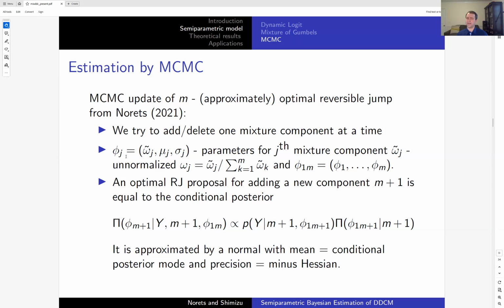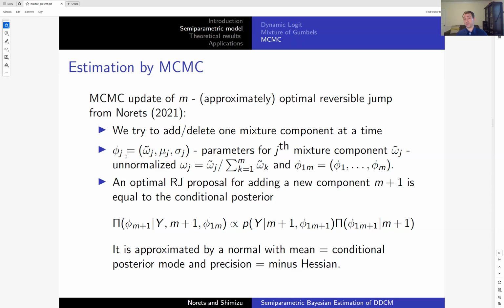And optimality here is in the following sense. First of all, some expected acceptance probabilities for drawing M are maximized. And moreover, using Peskun results, I show that at least under some constraints on the ordering of blocks in the MCMC to make the Markov chain reversible, and anyway, there are some restrictions on that.